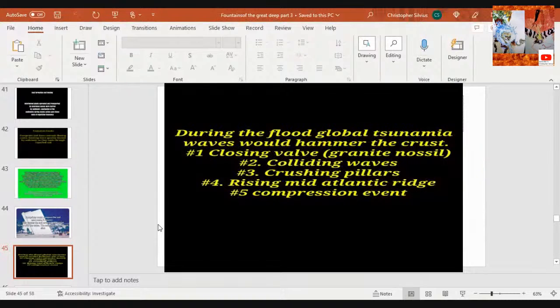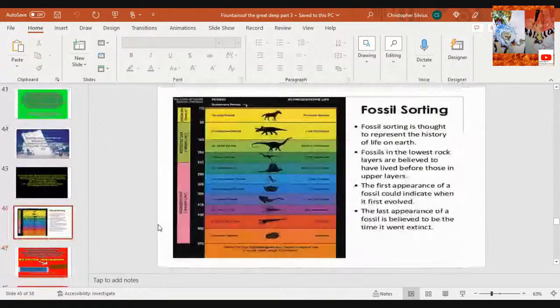So not only do you have upward pressure in the crust coming from below, but also from above because of the waves, and these together help to establish the layers. A closing valve, a granite nozzle, colliding waves, crushing pillars, a rising mid-Atlantic ridge, the compression event: these are the mechanisms for sorting the fossils and establishing them into uniform layers.